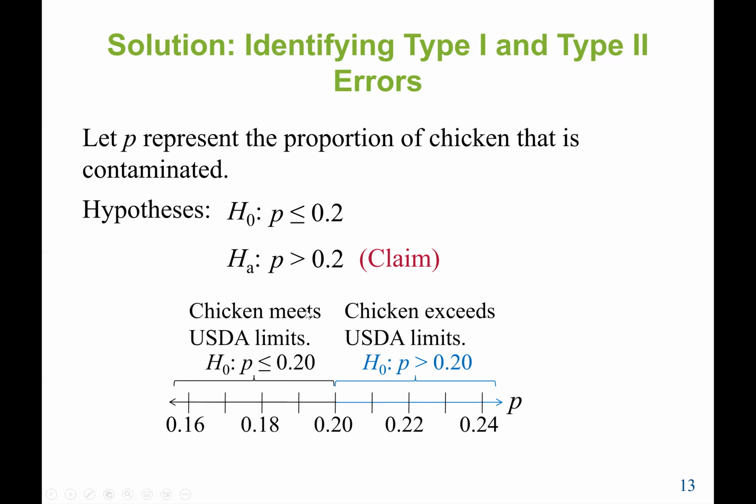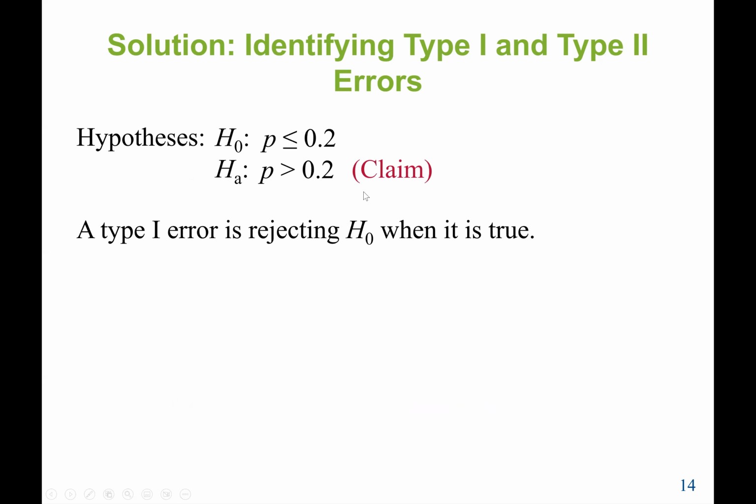If the chicken meets the USDA limit, P is less than or equal to 0.20. If the chicken exceeds the USDA limit, P is greater than 0.20. So we have HO, the null hypothesis, P is less than or equal to 0.2, and HA, P is greater than 0.2, which is the claim.